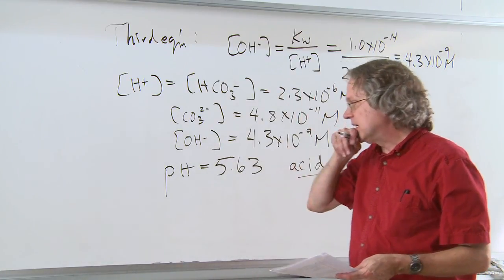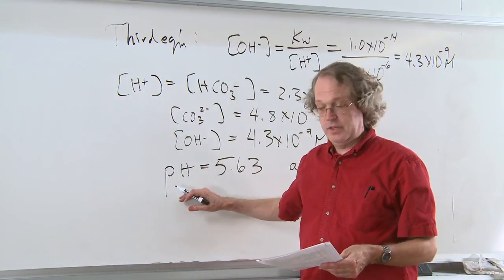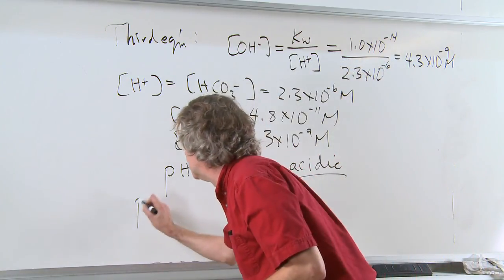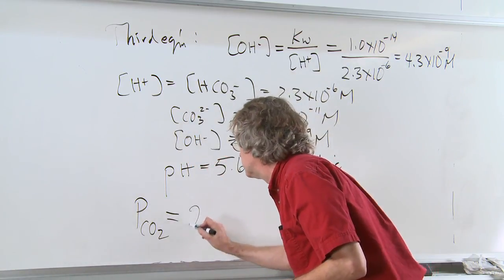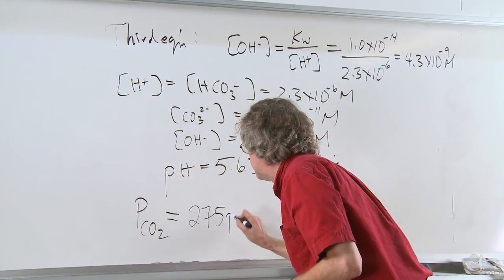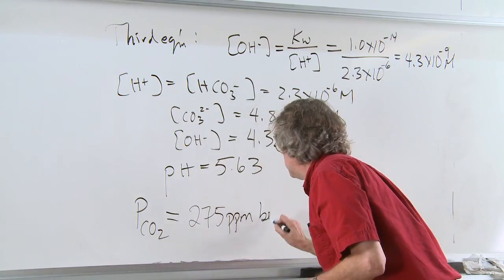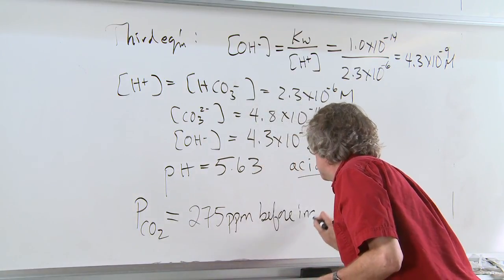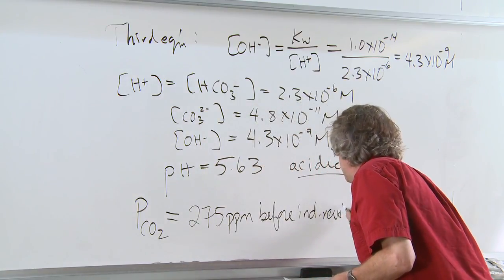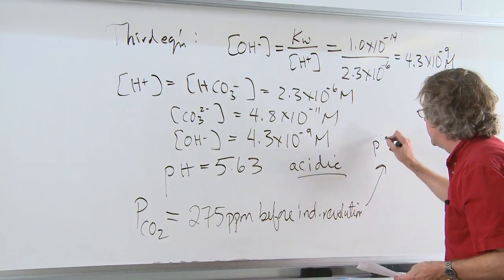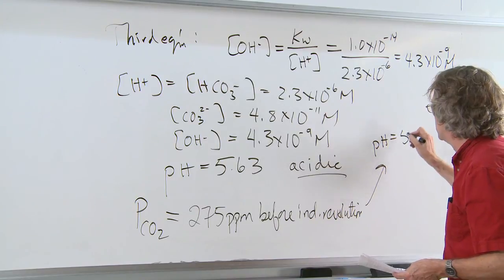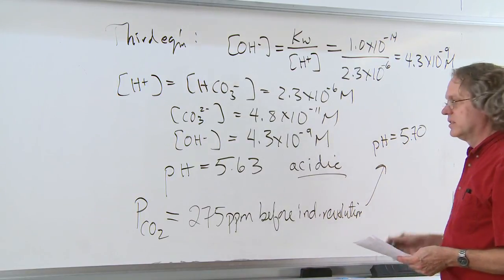It's sort of interesting in that if you go back before the Industrial Revolution, it turns out the pressure of CO2 then was smaller. It was 275 parts per million before the Industrial Revolution. And if you calculate the pH of a raindrop in the old days, what you find out is the pH was 5.70.